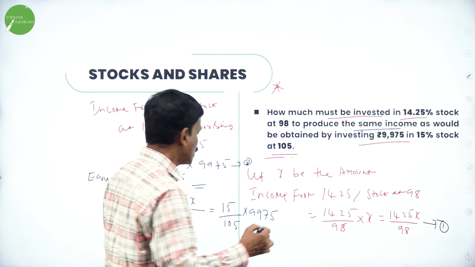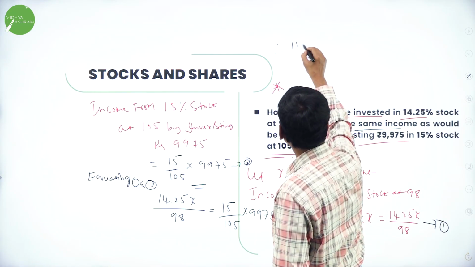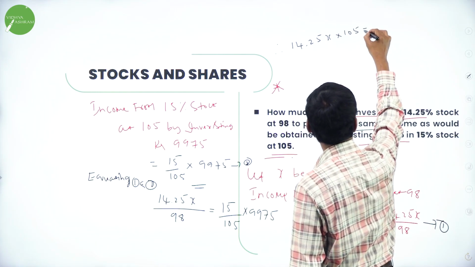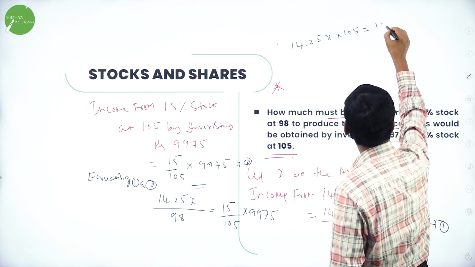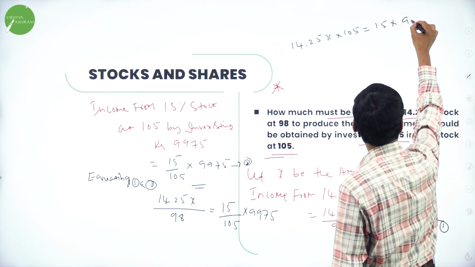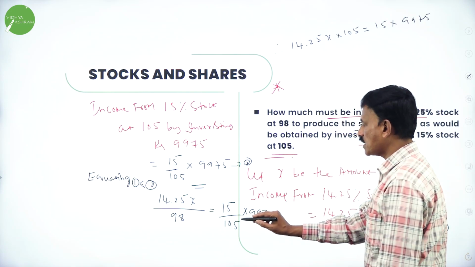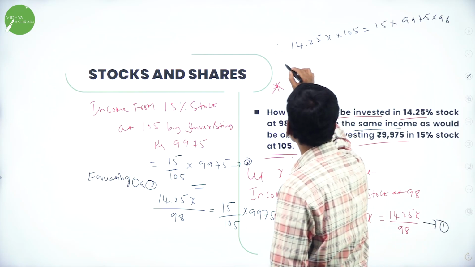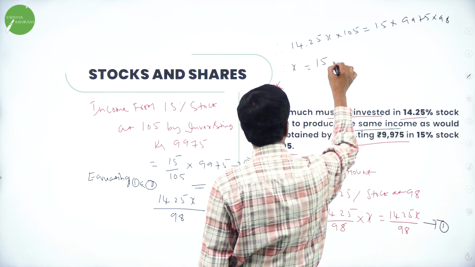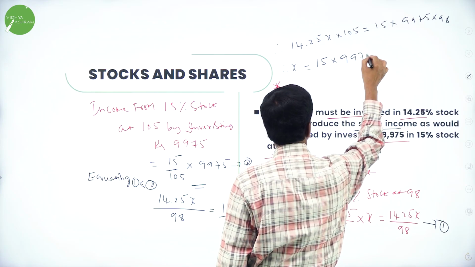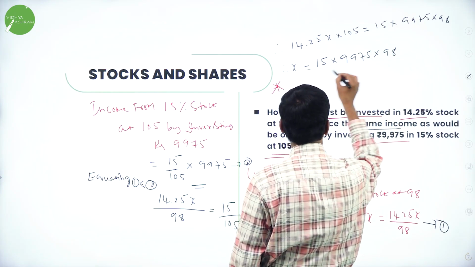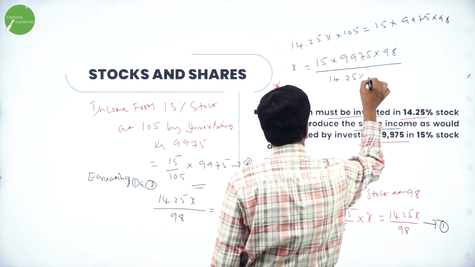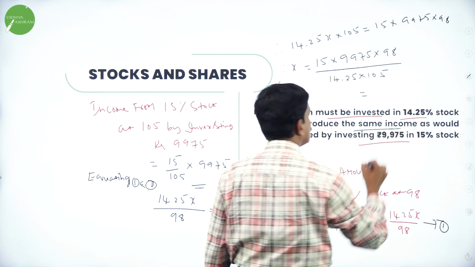Cross multiplying, 14.25x into 105 is equal to 15 into 9,975 into 98. So x is equal to 15 into 9,975 into 98 divided by 14.25 into 105.